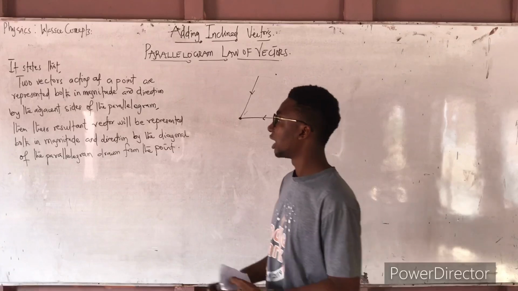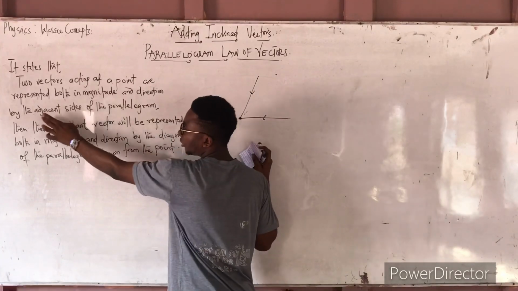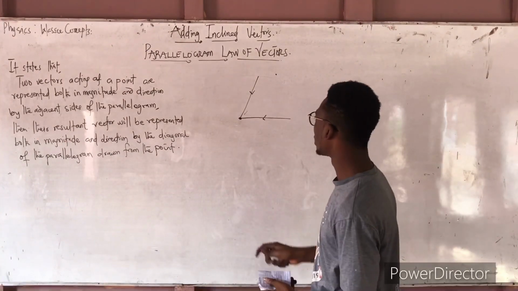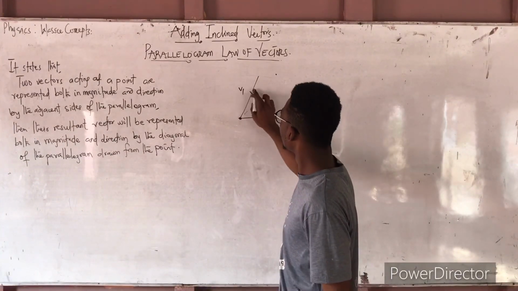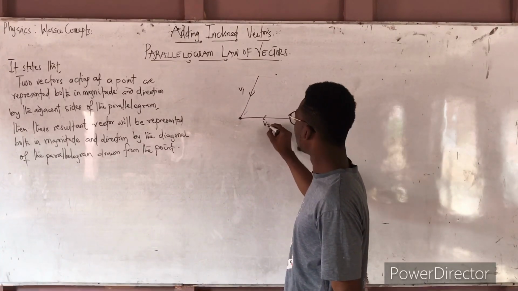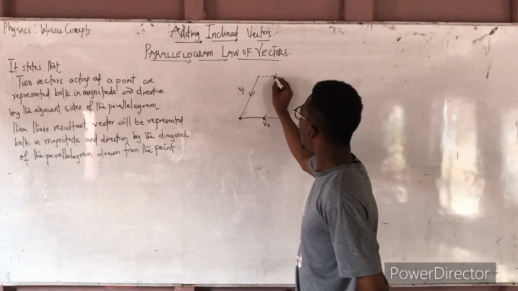So if there are two vectors acting at a point, both in magnitude and direction, by the adjacent sides of the parallelogram, these are the two vectors. Let's say this vector is V1, and this vector is V2, represented this way. Then we can say these are the adjacent sides.